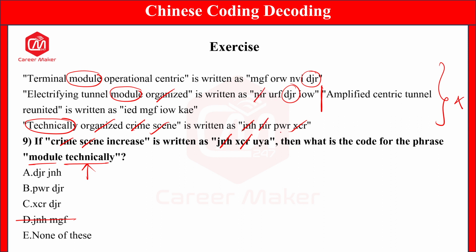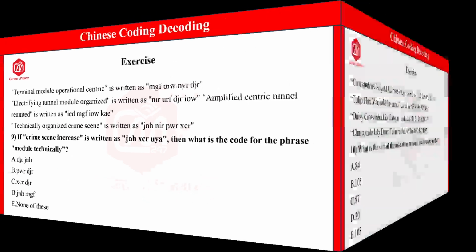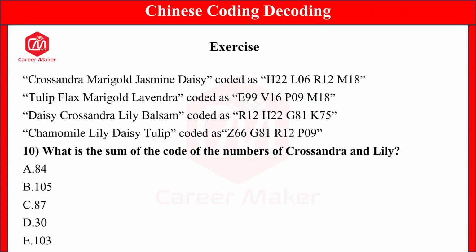NIR. So we got definitely the code of technically as PWR. Already we got the code of this module as DJR. So DJR and PWR we want. So these 2 options are eliminated. Answer is option B. So once you know the concept how to solve the questions of Chinese coding, it's very easy for you to understand.